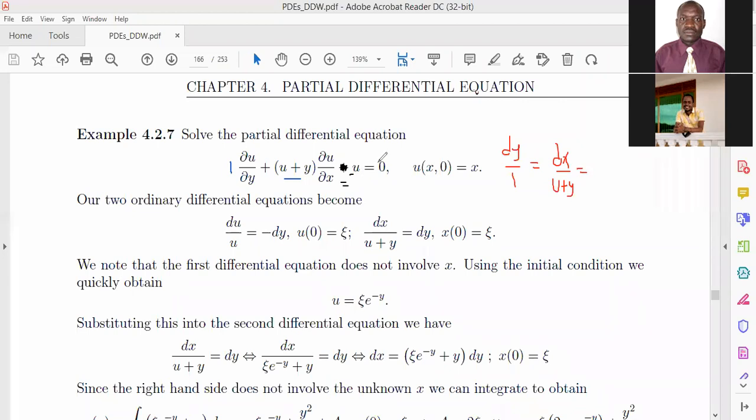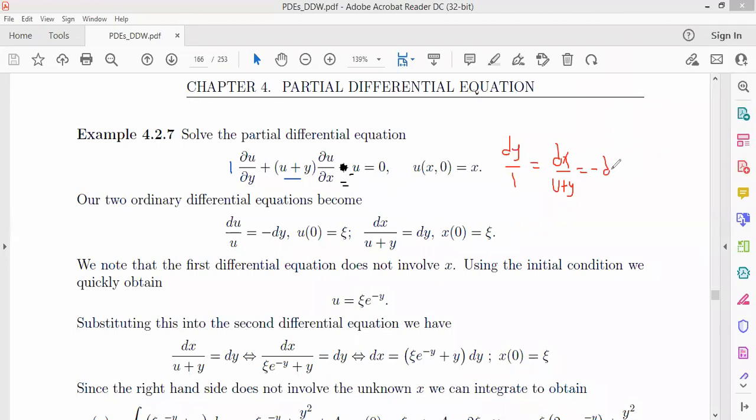The u crosses the equal sign, it becomes minus u. So it becomes the variable we are looking for, that is the du over u. This becomes du, but negative, guys. This becomes a negative du over u. Hopefully I'm clear now.